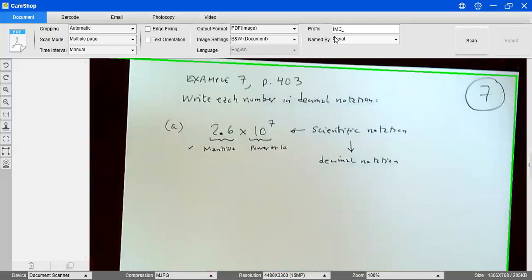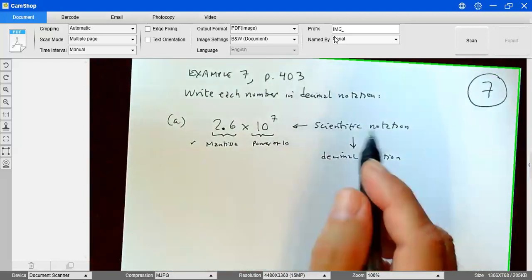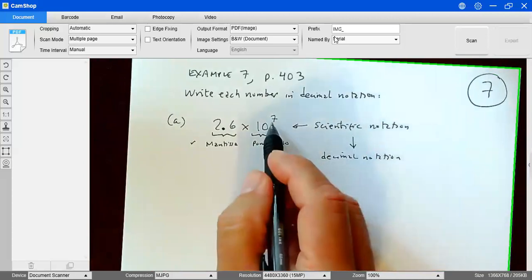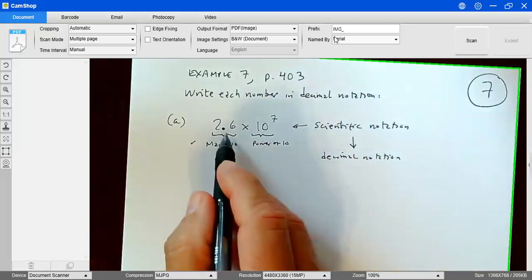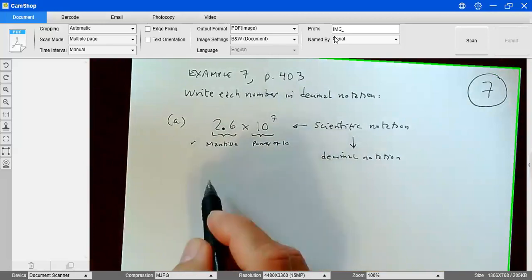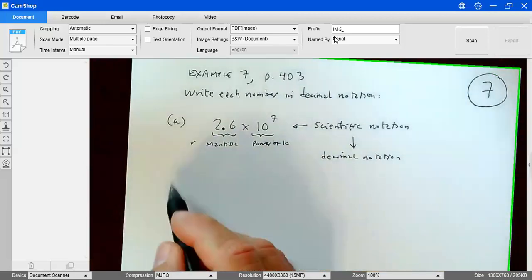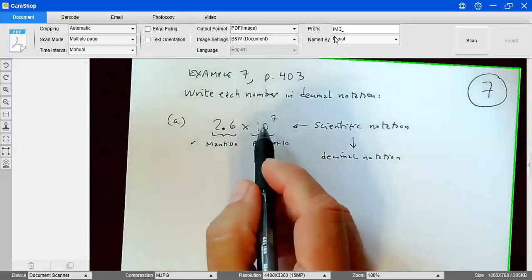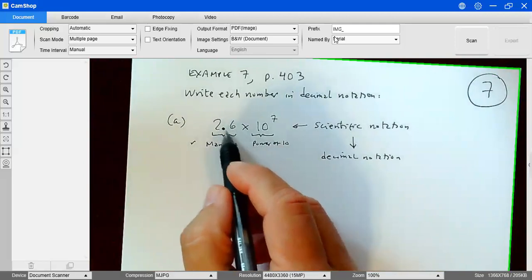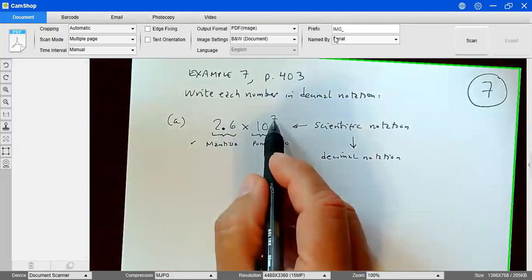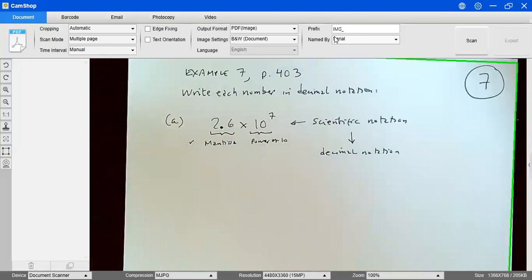So now what we're going to do to find the decimal notation is move the decimal point either to the right or to the left, and anytime you move the decimal point, you're going to change the exponent of the power.